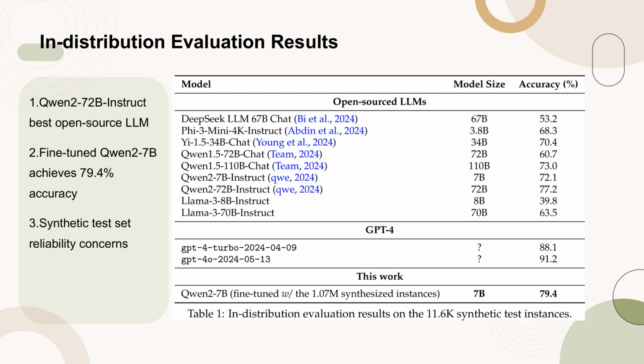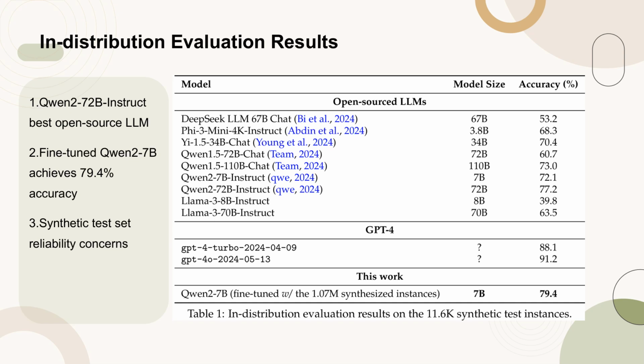Table 1 showcases the in-distribution evaluation results on the 11.6K synthetic test instances. Among the open-source large language models, LLMs, Qwen2-72b Instruct performs the best, followed by other models generally consistent with their performance on other mathematical benchmarks.